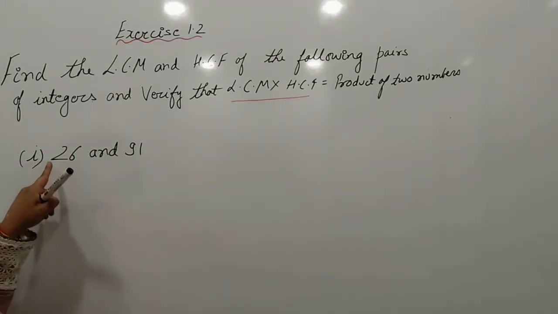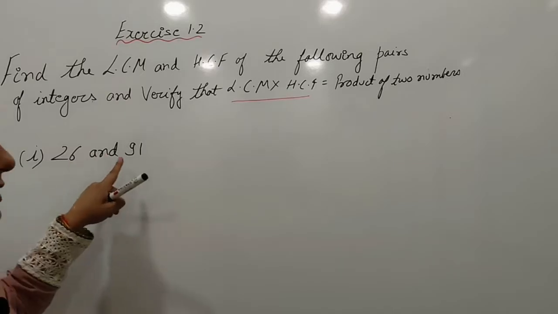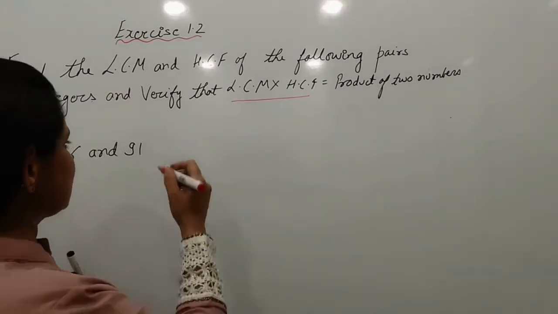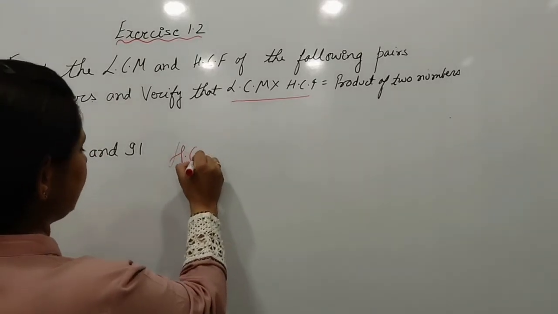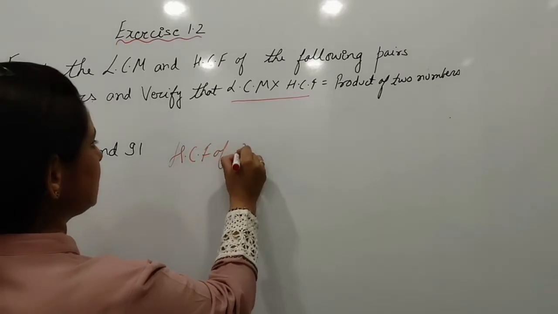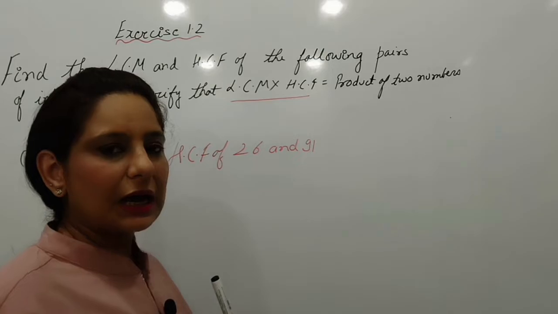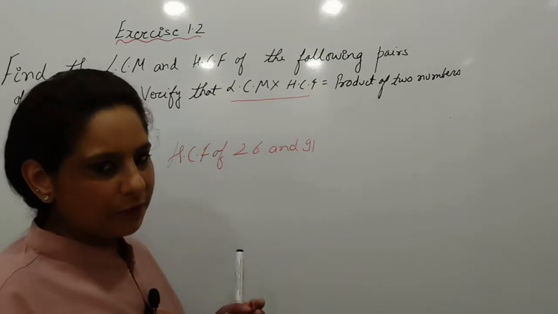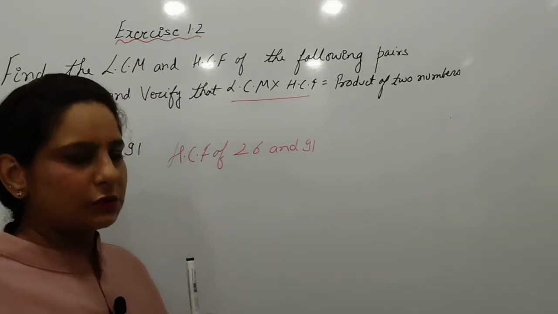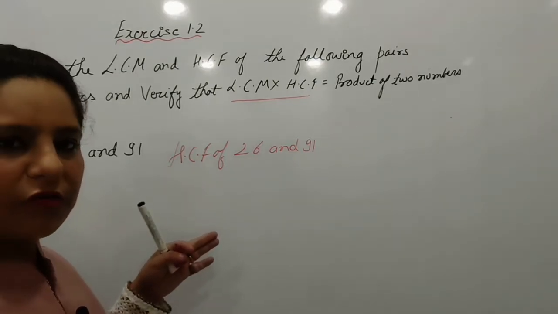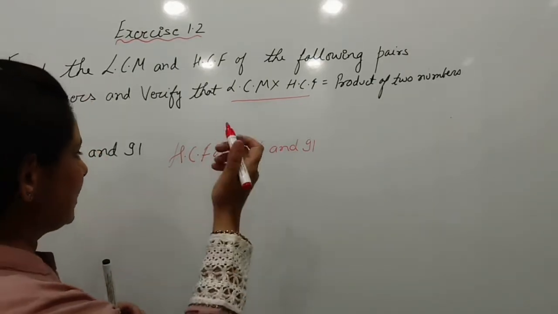The two numbers are 26 and 91. Let us take the HCF of 26 and 91. As discussed in the last class, we can do it by the prime factorization method or the long division method. Here I would prefer the prime factorization method.